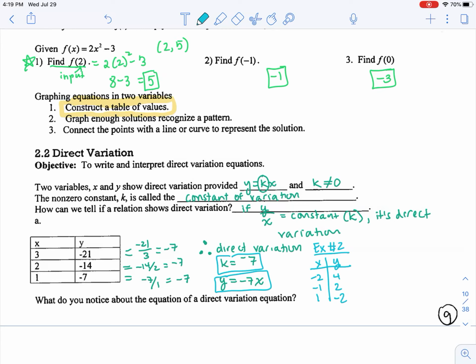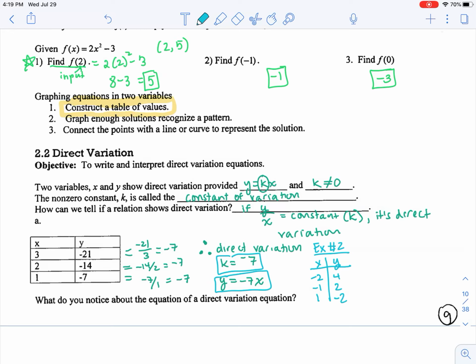So one thing I do want to point out is that I had mentioned that direct variation equations are related to linear equations. I want you to take that leap, and what do you think the relationship is between direct variation, and why is it an example of linear equations?